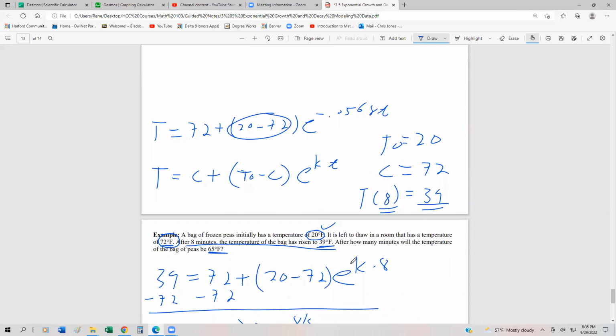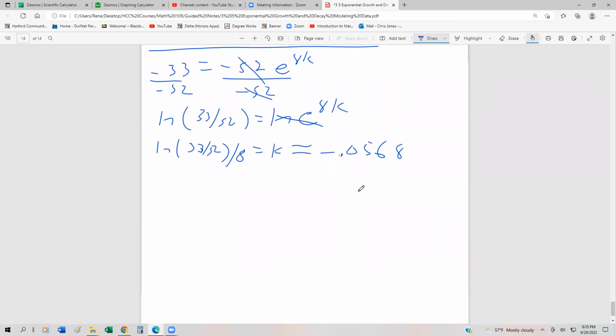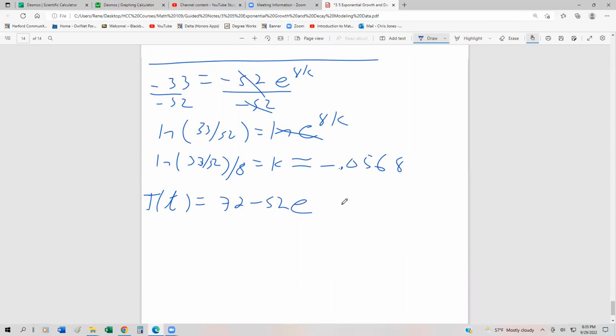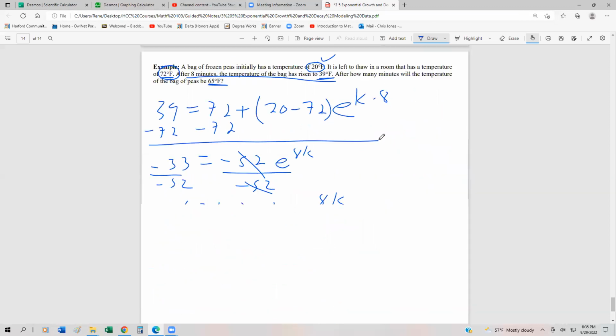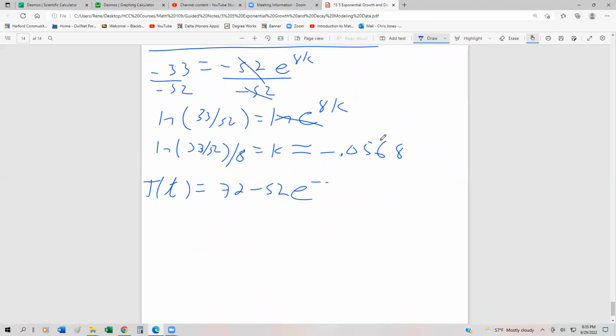Now, if we subtract this, that's going to be a negative 52. So our function, which I'm going to call T of t, is going to be equal to 72 minus 52e to the negative 0.0568t. All right, now that's our generic function.